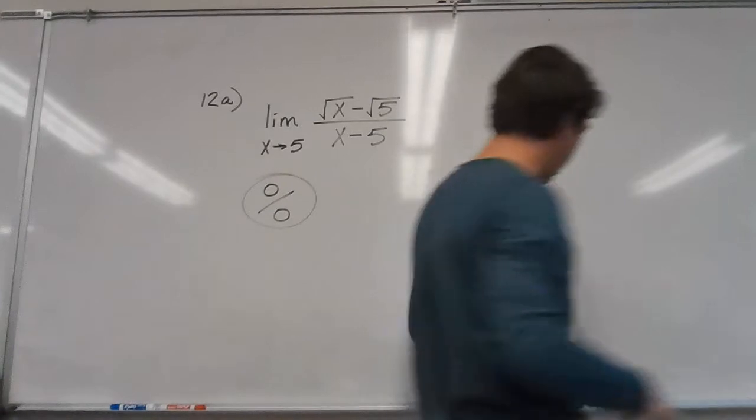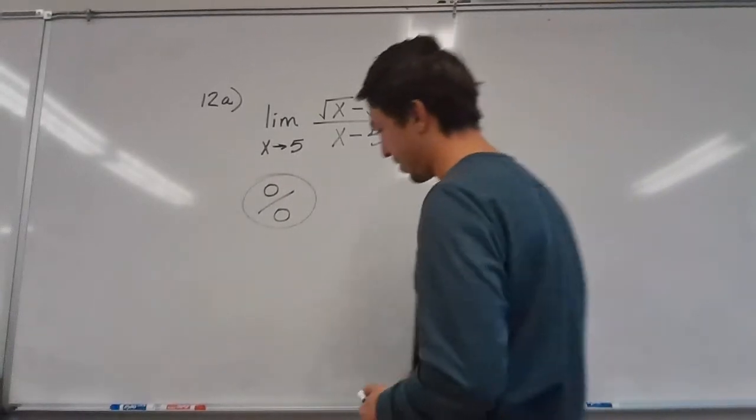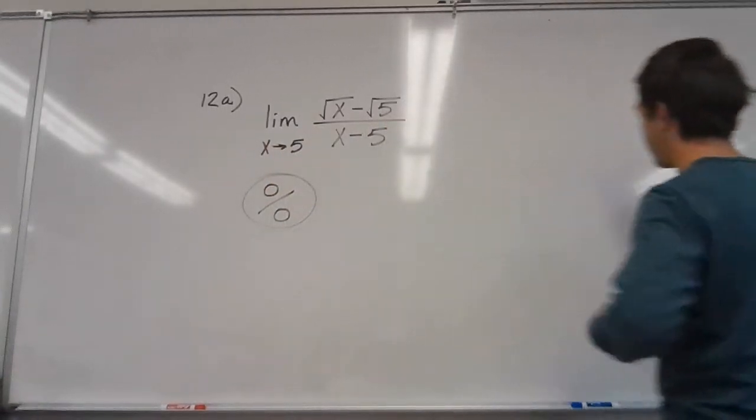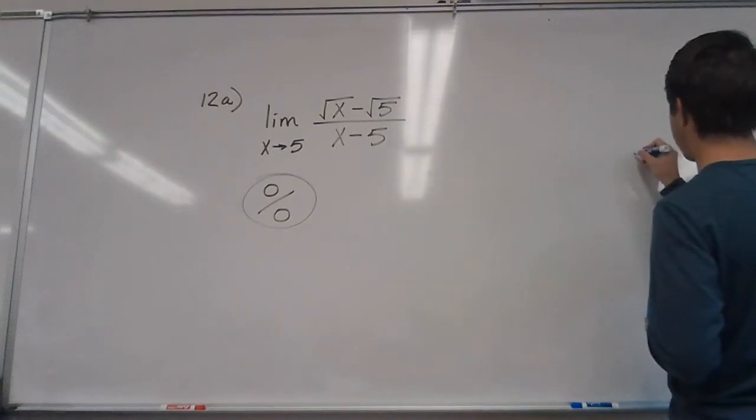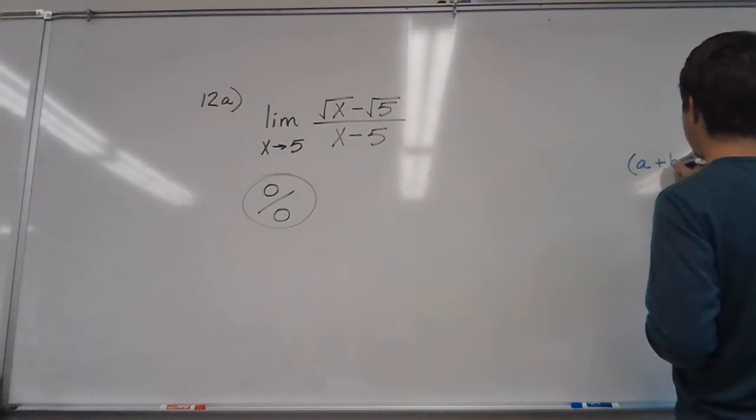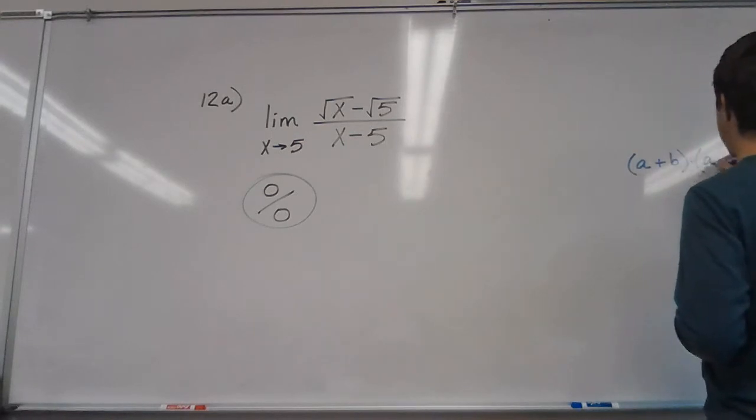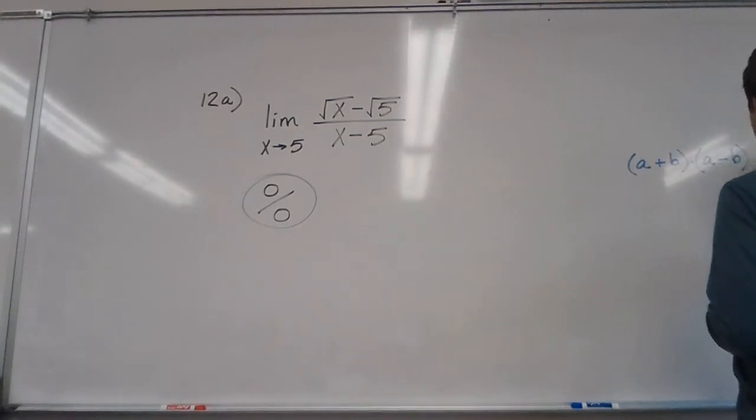So I'm going to show you a trick here. You might have seen it before, possibly. And it involves this very famous identity. What do you get, guys, if you go A plus B times A minus B?